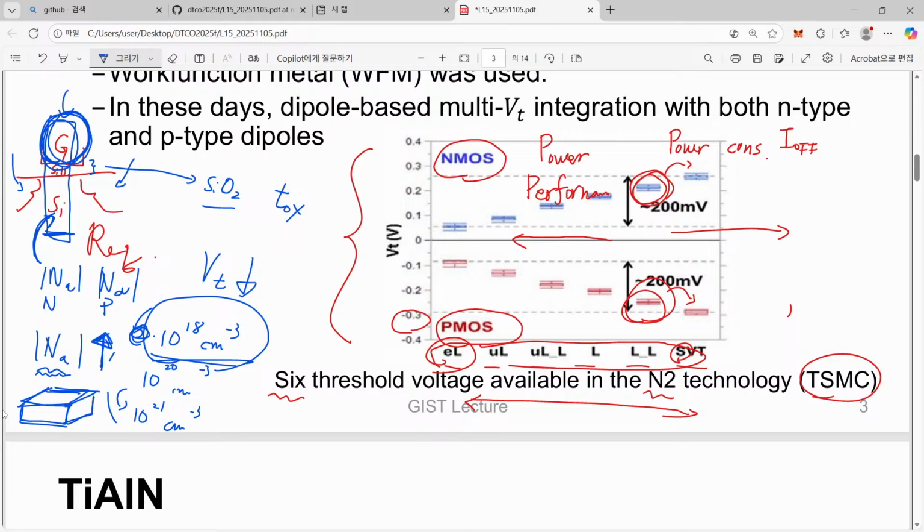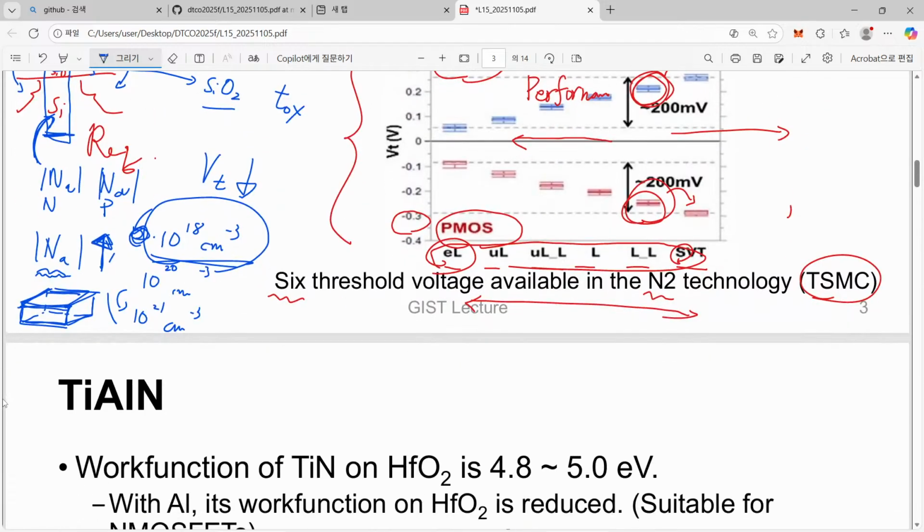So what will happen? Within this small volume, we have to introduce some impurities, and whether that number increases by 1 or 2 makes a lot of difference.